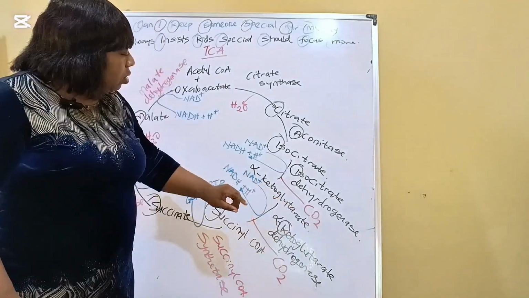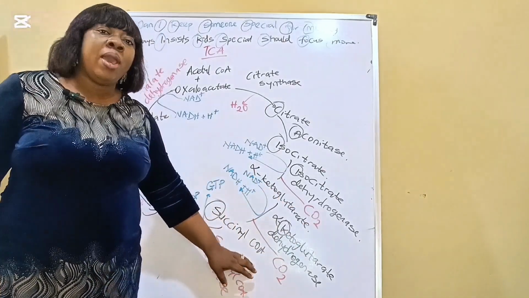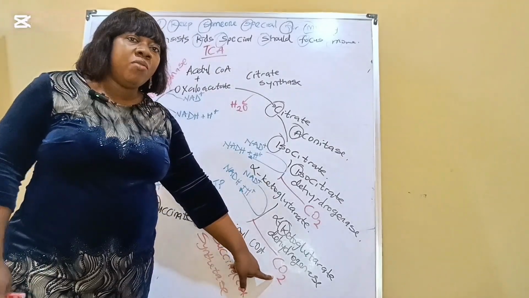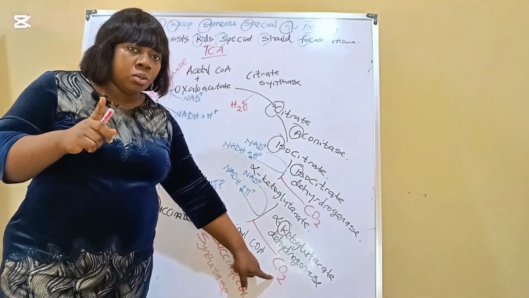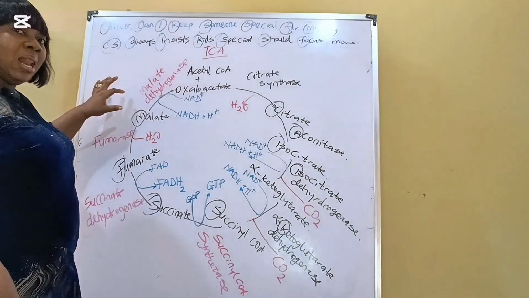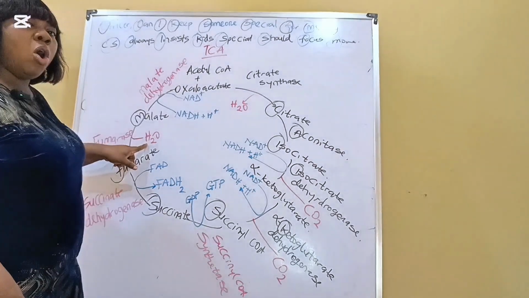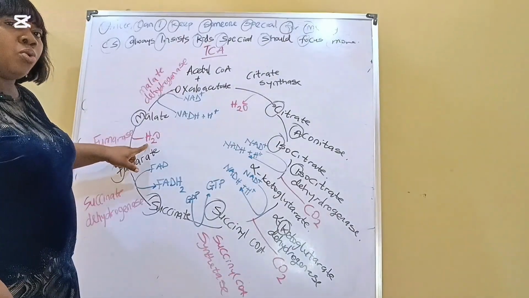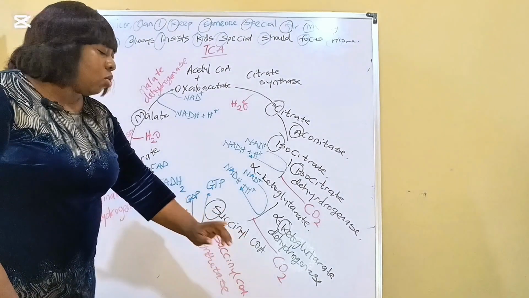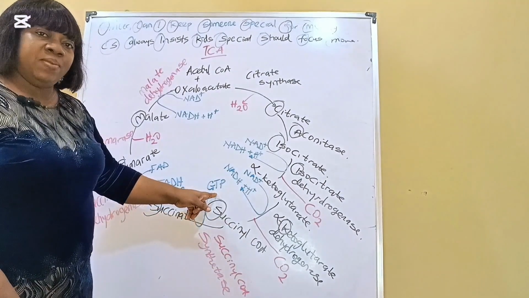Also, in the conversion of alpha ketoglutarate to succinyl CoA, there is also the release of one molecule of CO2. In the reaction that involves the conversion of fumarate to malate, it gives us another molecule of H2O. Also, in the conversion of succinyl CoA to succinate, we have one molecule of GTP.